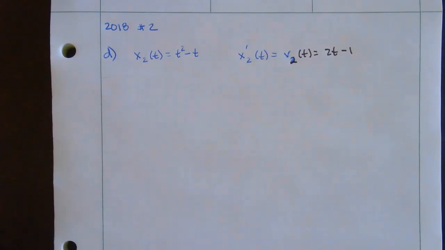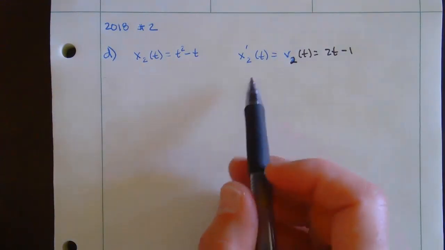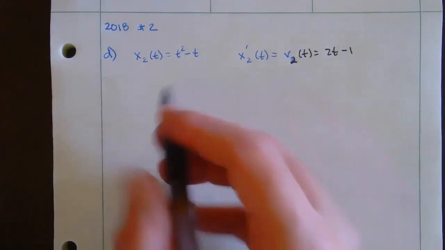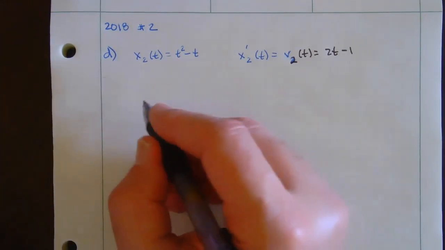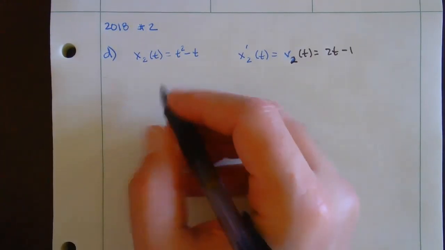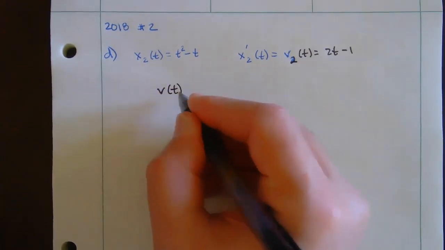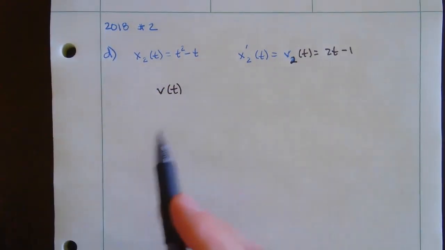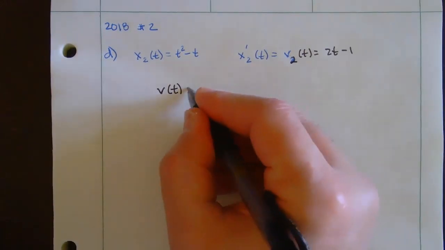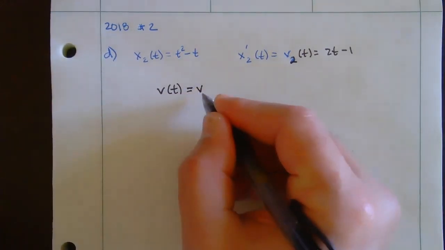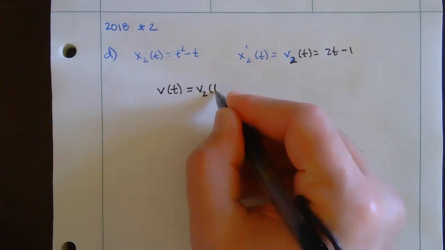Now I know this is v sub 2 of t. I want to know where these velocities are the same. So you need to write this, because you're going to solve this. You're going to have v of t, which is the velocity of the original particle, and we want to know when this is equal to v sub 2 of t.